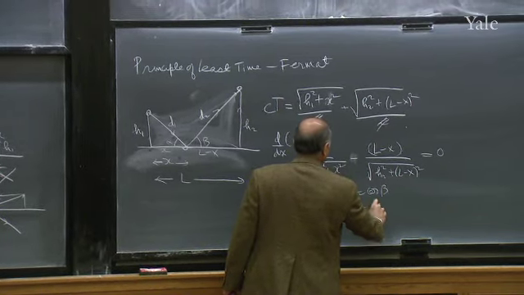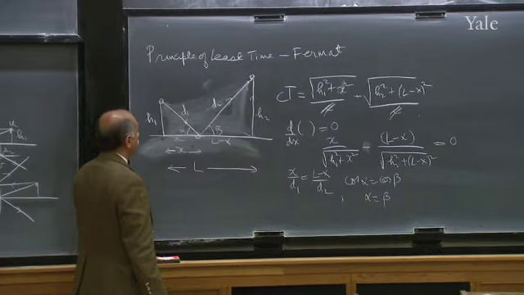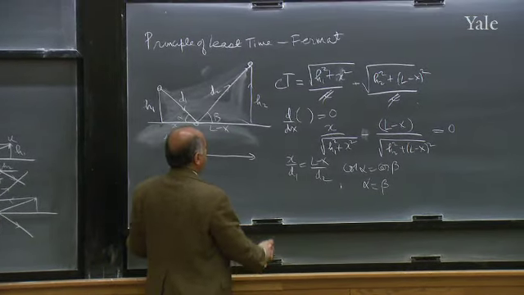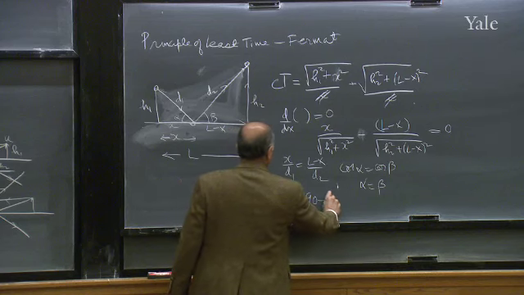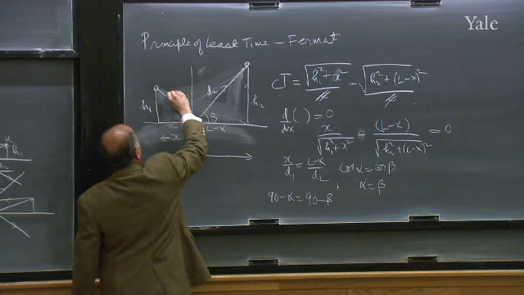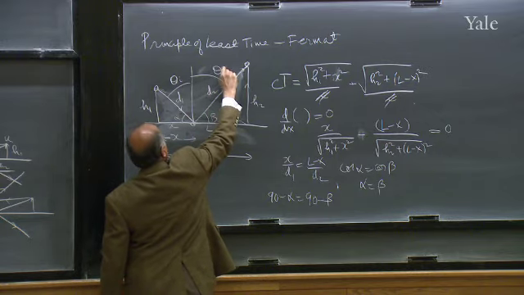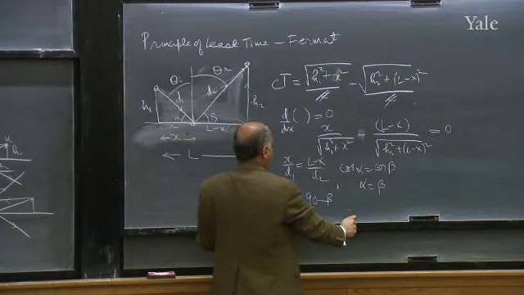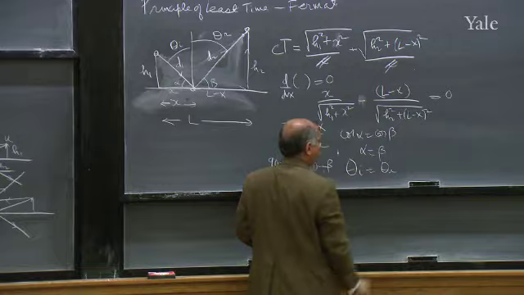That means alpha is equal to beta. Or if you like, 90 minus alpha is 90 minus beta, and 90 minus alpha is what one normally calls the angle of incidence, and this is called the angle of reflection. So you get theta I equal to theta R.